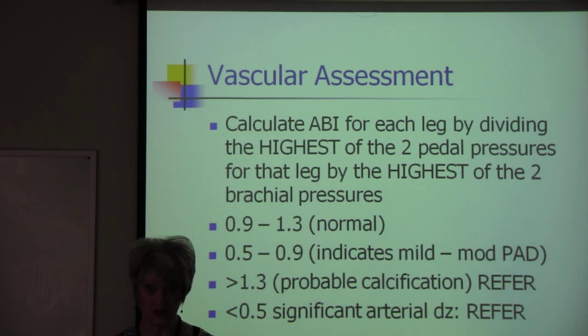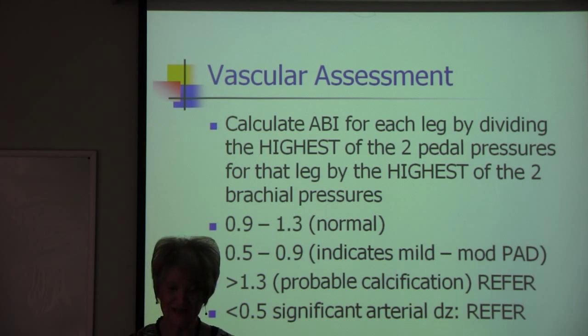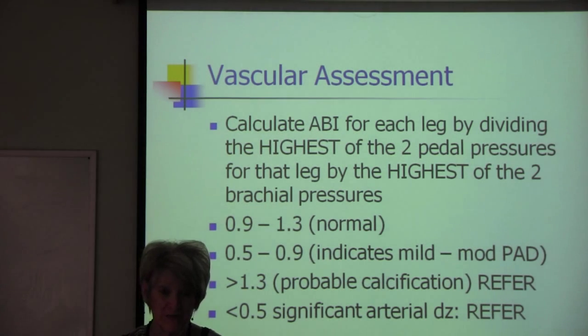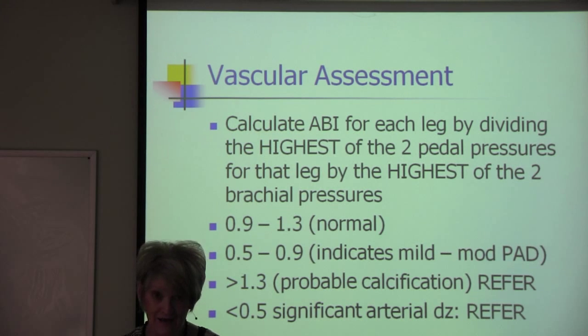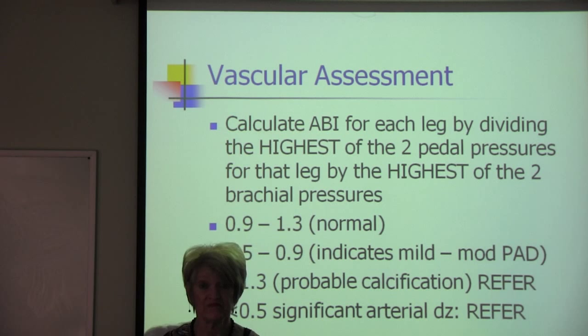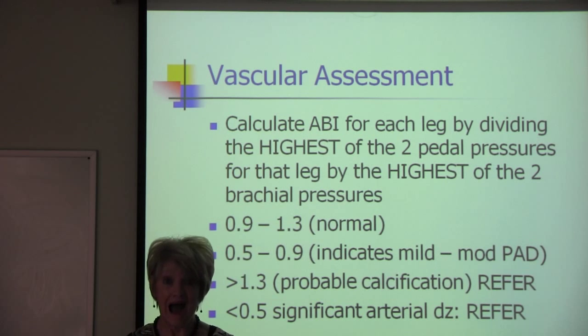Then the calculation. Of course, you can use your calculator, and this is how you do it, and you want to make sure you get this right because otherwise your ABI will be wrong and you'll have inaccurate data. So here are the things you have to know. You use the highest of the 2 brachial pressures to calculate both the right ABI and the left ABI.